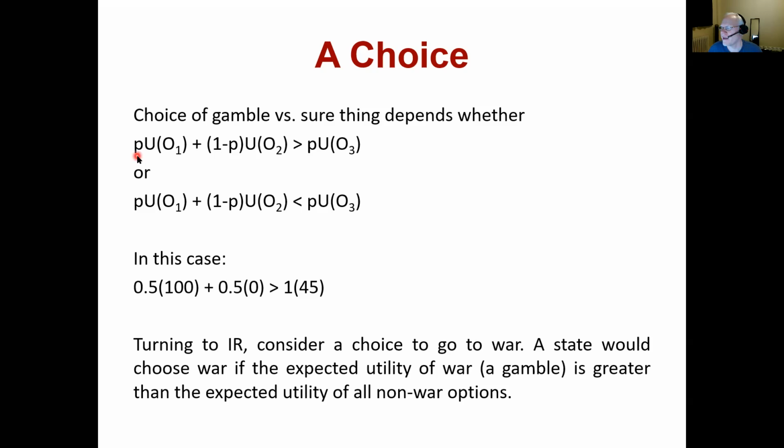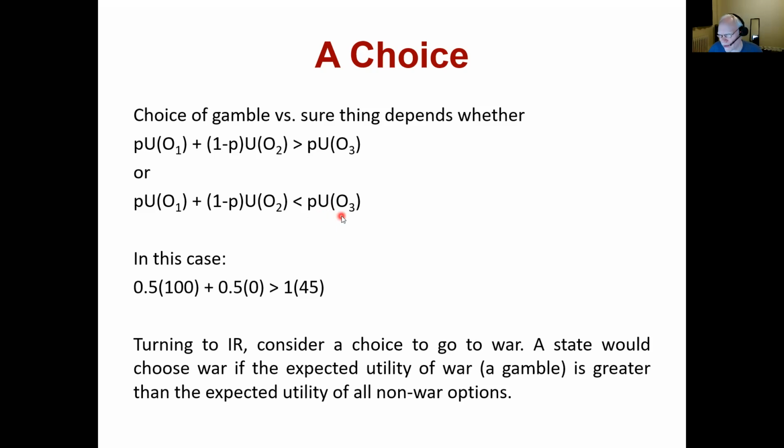So we're saying that you would choose the gamble if the expected outcome, the expected utility, is greater than the expected utility for the sure thing. And then you would choose the sure thing if the expected outcome for the gamble is less than the expected outcome for the sure thing.